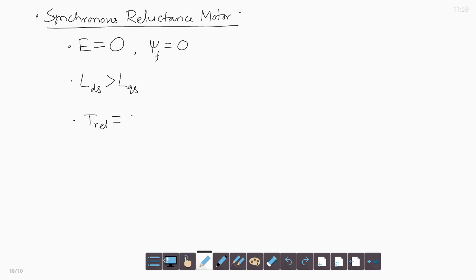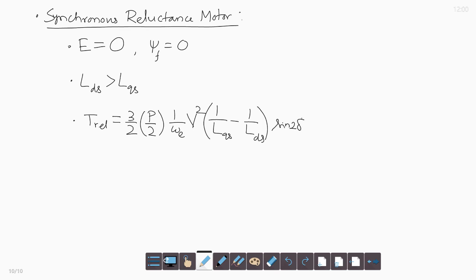So, it is 3/2 into pole pairs into 1 by omega E into V square into 1 by LQS minus 1 by LDS sin 2 delta. This is the same term which we discussed as reluctance torque in the synchronous wound field machine, only the E term is absent.